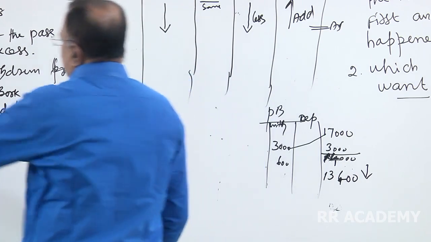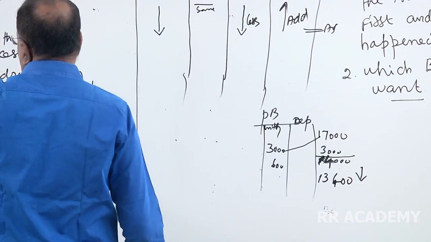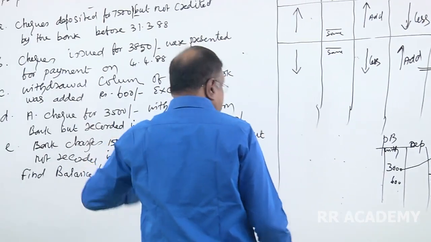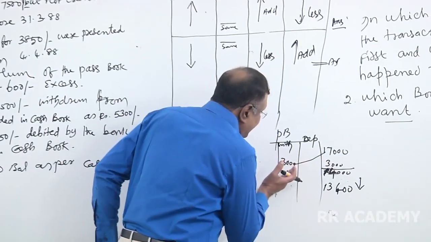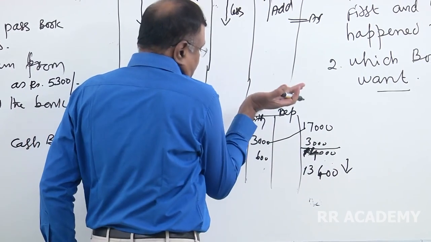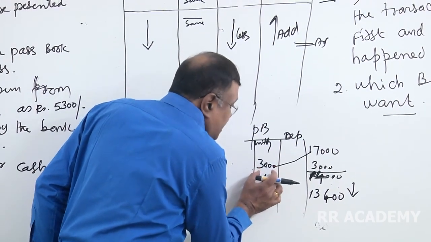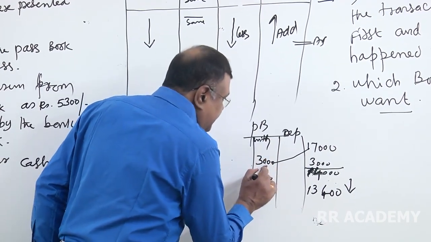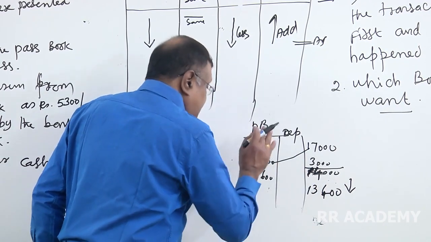Balance less. Withdrawal column of the passbook was added 600 more. You have added 600 more in the withdrawal column. Instead of 3,000, normally 3,000, 14,000.